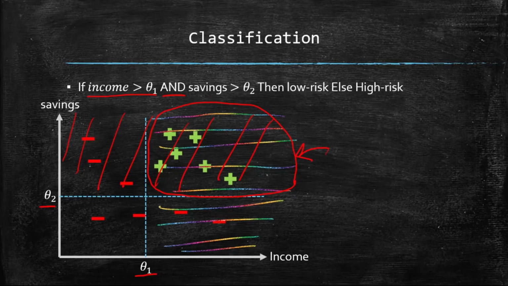Then if a customer, whoever it is, falls in this region, you can classify them as a low-risk customer. Otherwise, if they're anywhere else, you can classify them as a high-risk customer.